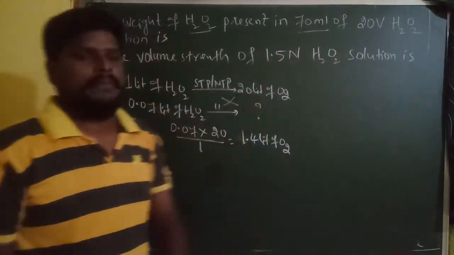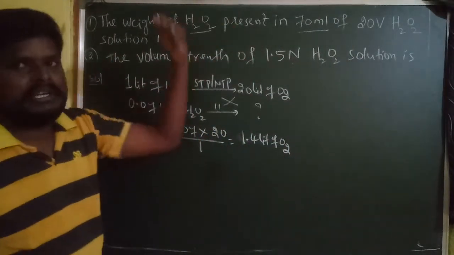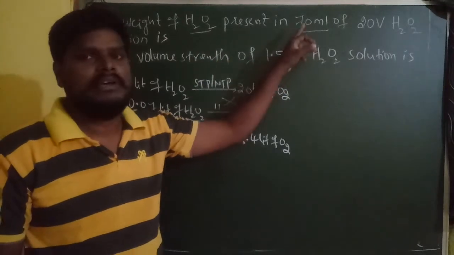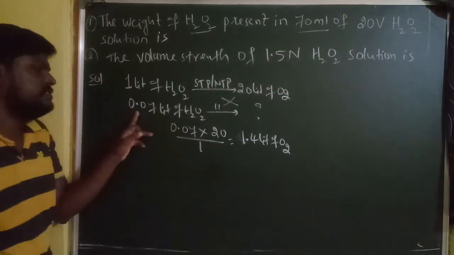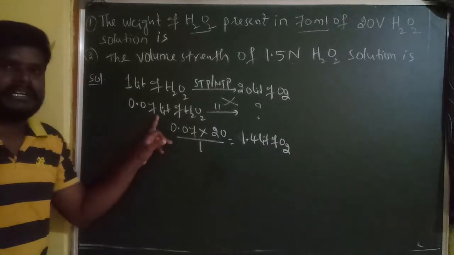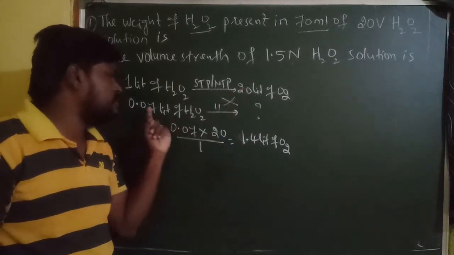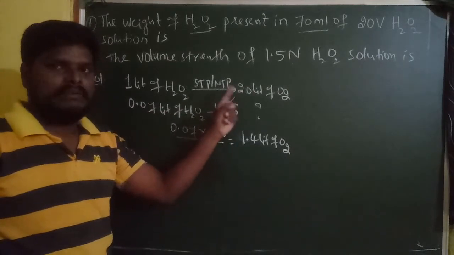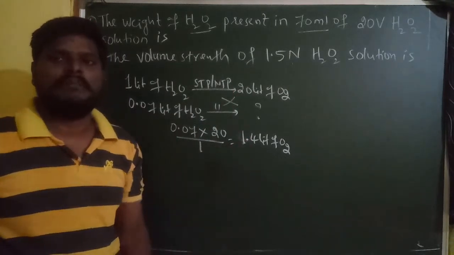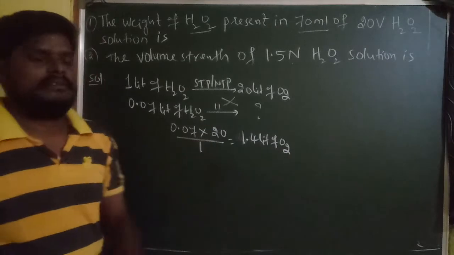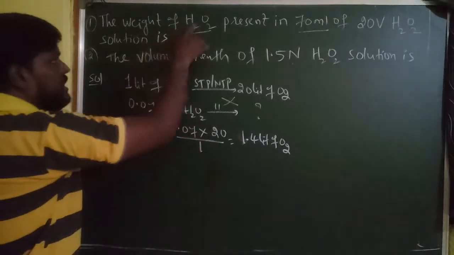According to the problem, how many milliliters of H2O2 do we have? 70 ml, so converting into liters, 0.07 liters of H2O2. Cross multiplication, 0.07 into 20 liters by 1, you will get 1.4 liters of oxygen. But this is not the answer, sir. We need to find the weight.